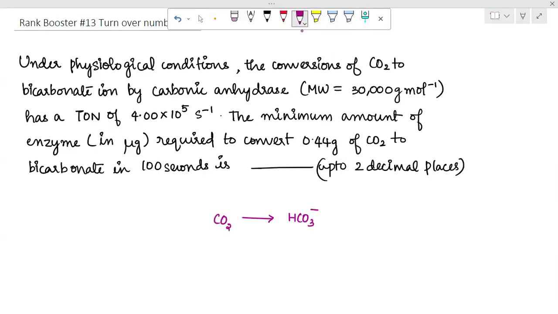The molecular weight of the enzyme is given as 30,000 grams per mole, and the turnover number is also given as 4 into 10 to the power 5 per second. The minimum amount of the enzyme in micrograms required to convert 0.44 gram of carbon dioxide to bicarbonate in 100 seconds is.